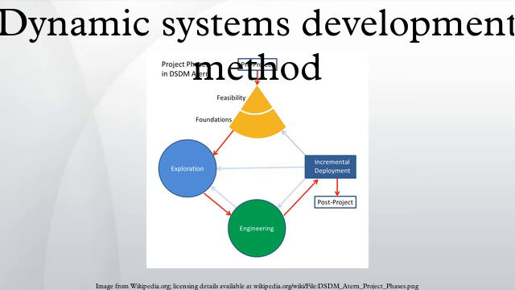Stage 1A, the feasibility study. During this stage of the project, the feasibility of the project for the use of DSDM is examined. Prerequisites for the use of DSDM are addressed by answering questions like: can this project meet the required business needs? Is this project suited for the use of DSDM?